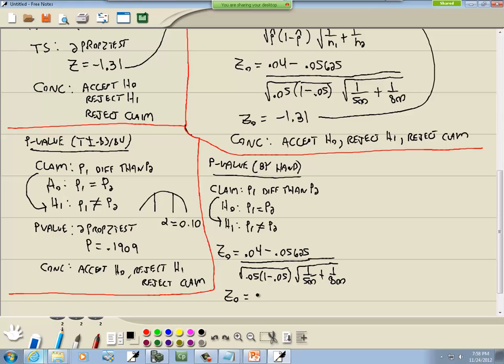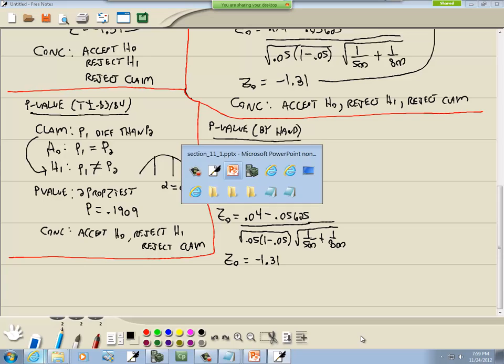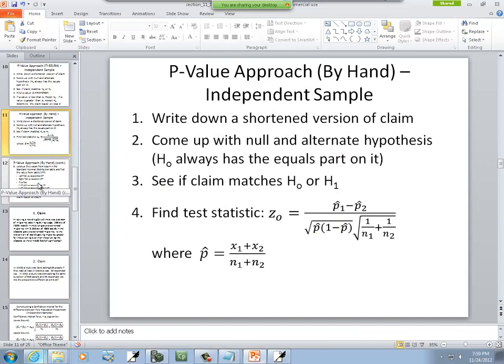And just like up here, we get negative 1.31. Okay, so we found our test statistic.